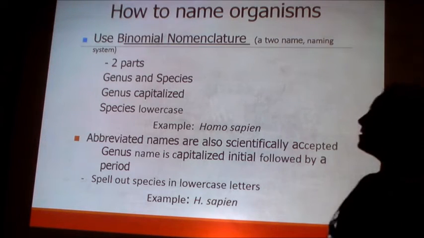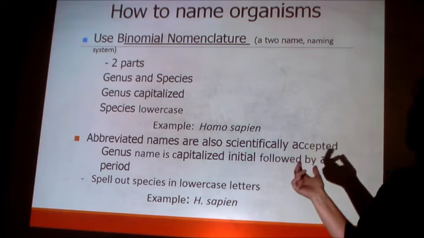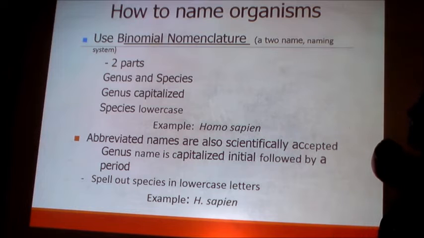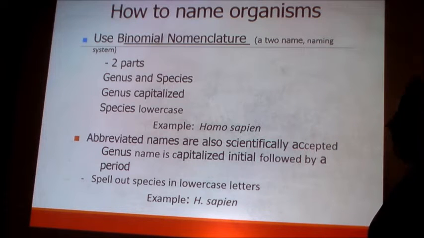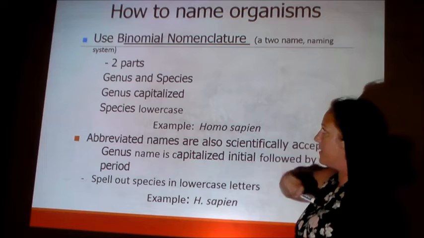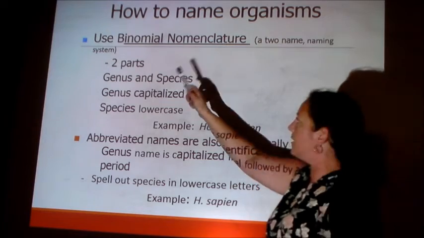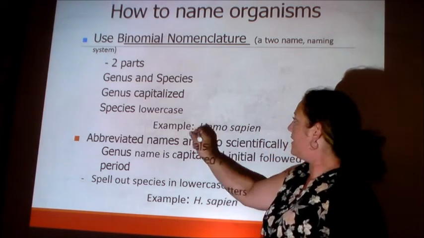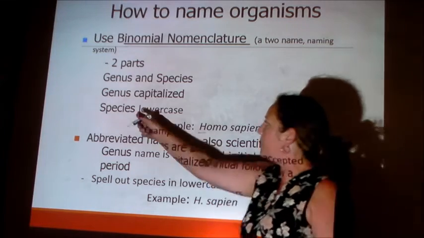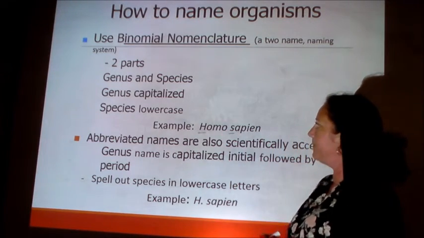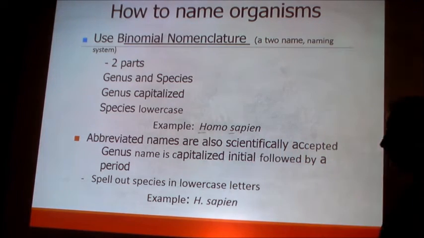Once you know the genus and species of an organism, you can name it. You're going to name an organism using binomial nomenclature, which is a two-name naming system. It's got two parts, the genus and the species. The genus is capitalized, and the species is lowercase. You can also abbreviate these names. That's scientifically accepted.